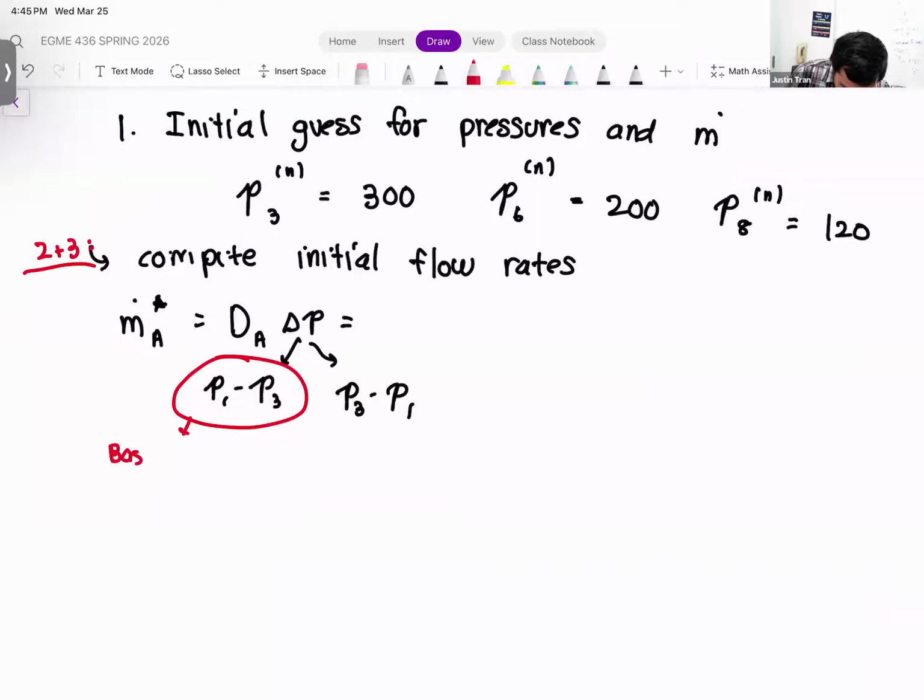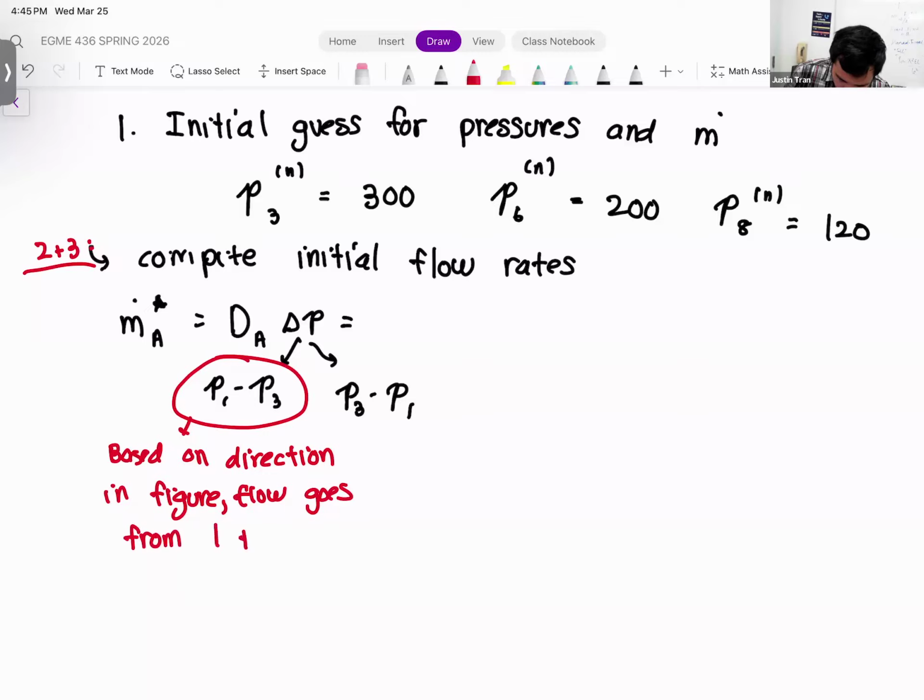So based on direction in figure, flow goes. So you want to make sure that you obey the arrows that are drawn for you.